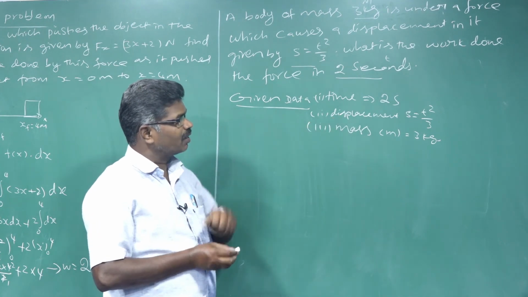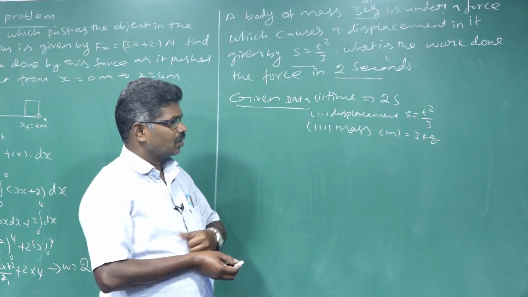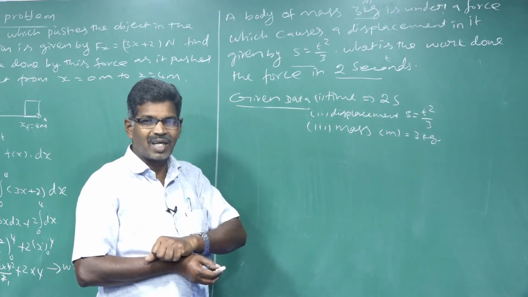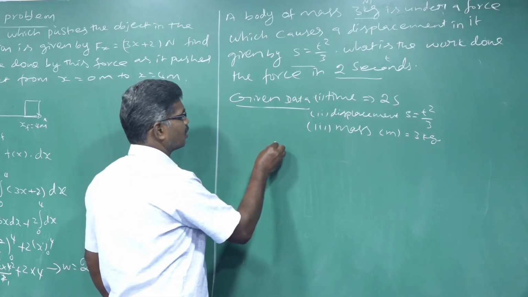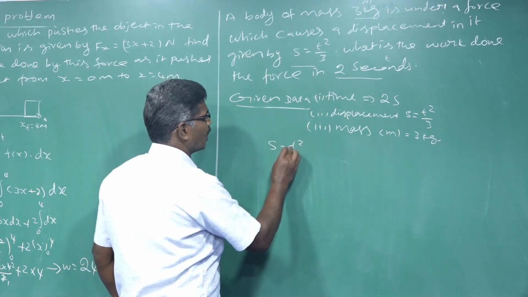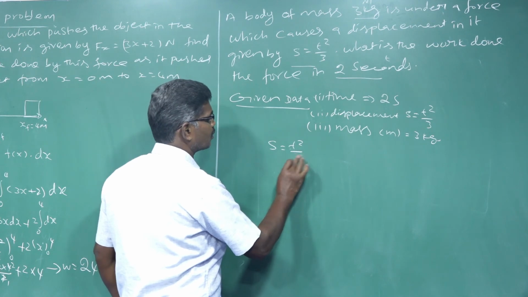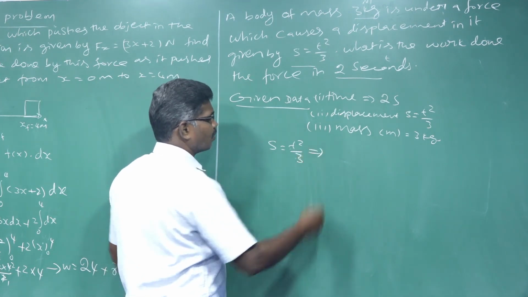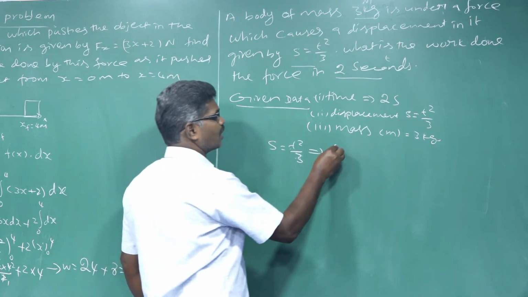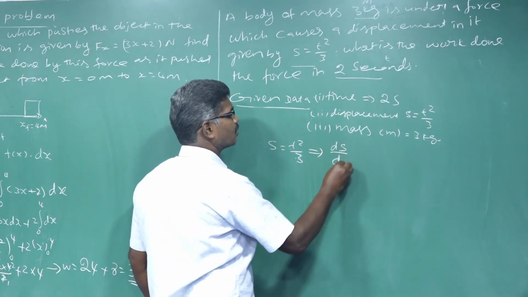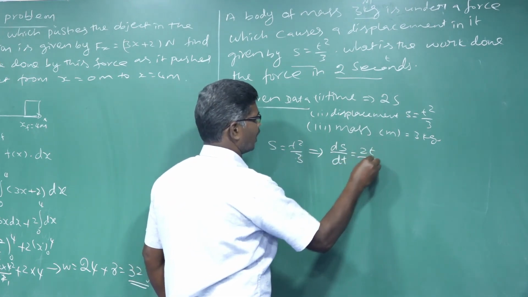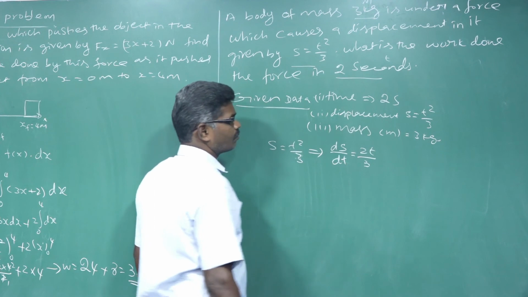There we have a displacement. The first derivative of that displacement with respect to time is the velocity. Instead of S is equal to t squared by 3, we make the first derivative with respect to time, ds by dt. What is that ds by dt? 2t by 3.